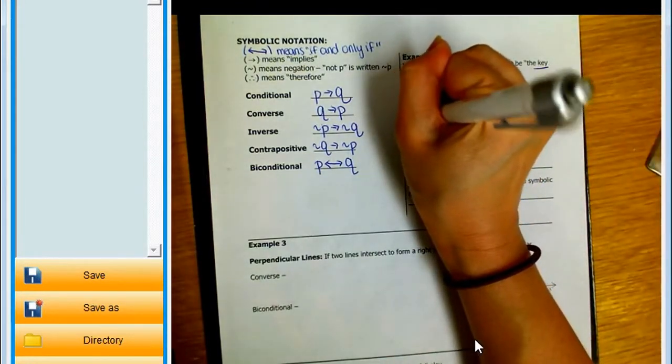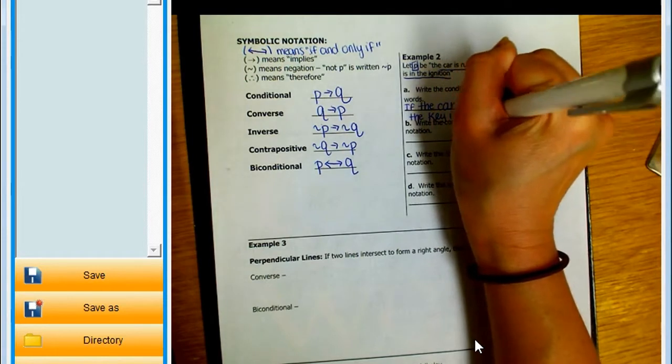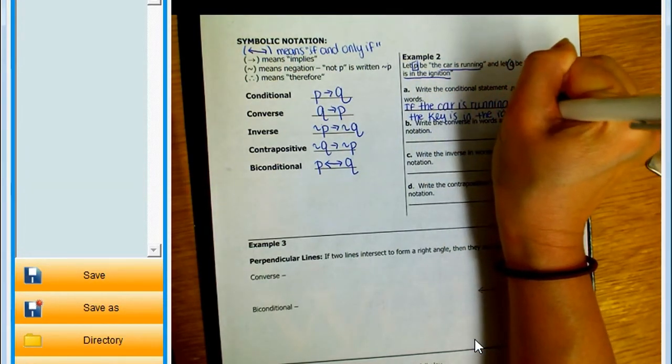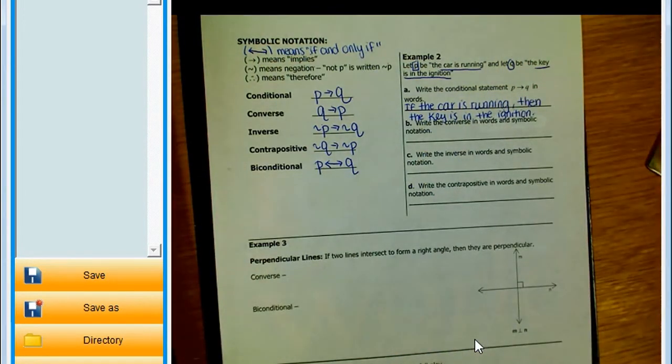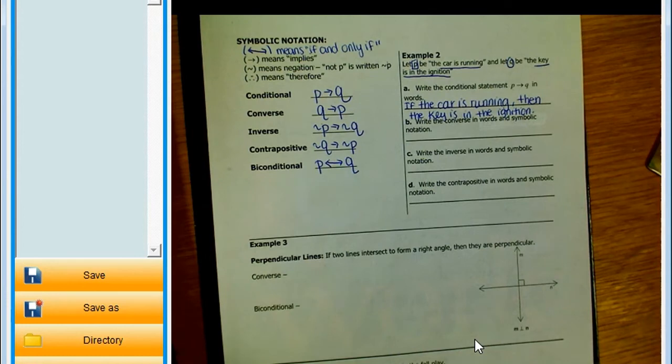Then the key is in the ignition. So all we need to do is look at the symbolic notation, our symbols, and write the statement.